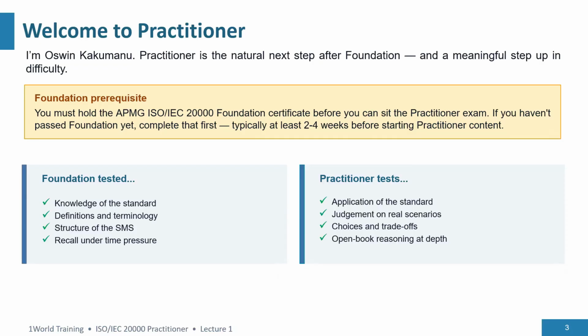And it's also strongly recommended that you sit the foundation at least 2 to 4 weeks before starting the practitioner content. The foundation knowledge needs to settle. Practitioner builds on it. If your foundation knowledge is shaky, practitioner will be a bit harder. If you haven't completed foundation yet, please pause this orientation, complete foundation first, sit the examination, and then come back.